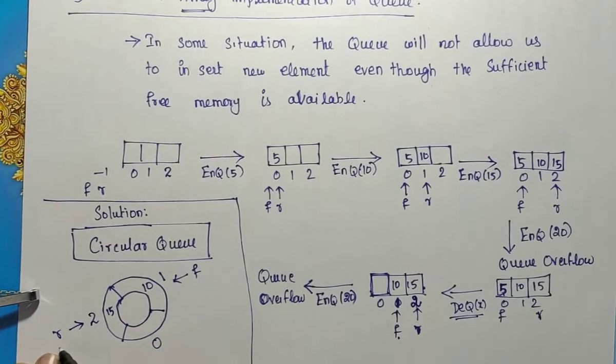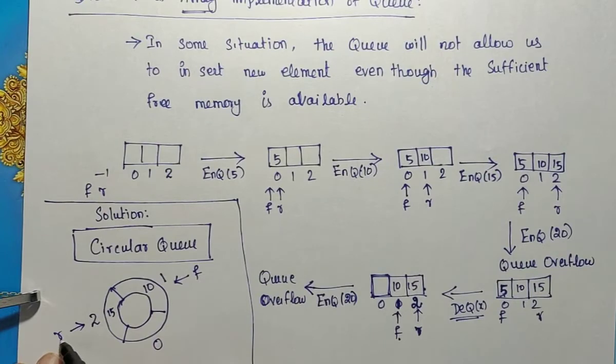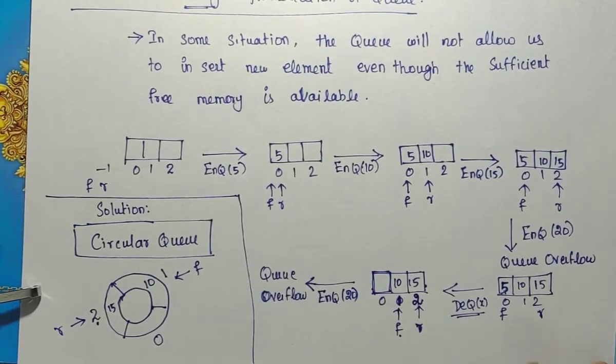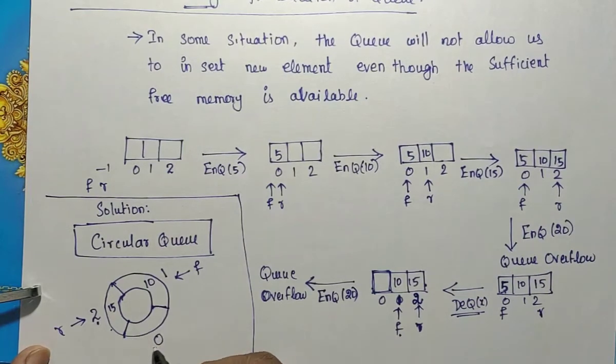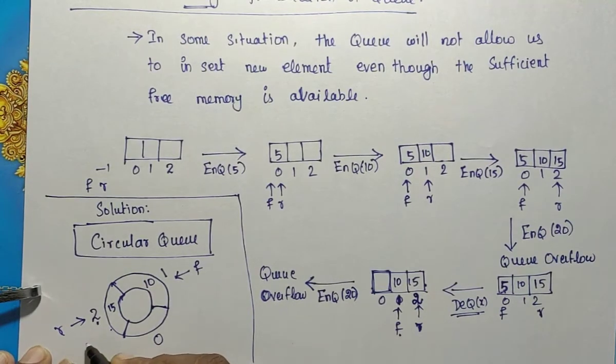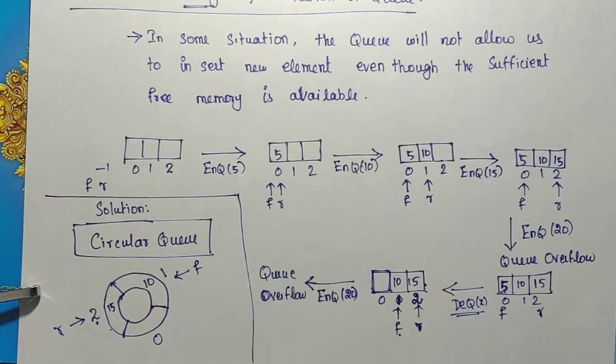Since our algorithm says queue overflow when the rear reaches size minus 1, in the circular queue it should not say that immediately. It needs to check whether space is available on the front side also, that is, whether the 0th location is free or not. If it is free, the rear needs to be moved to 0, not to 3.